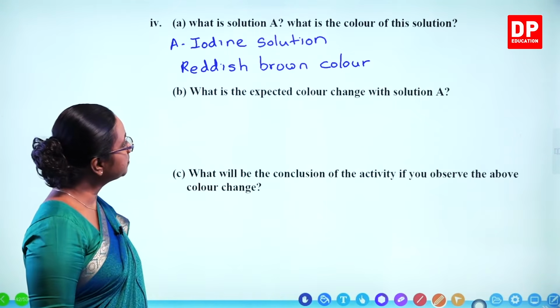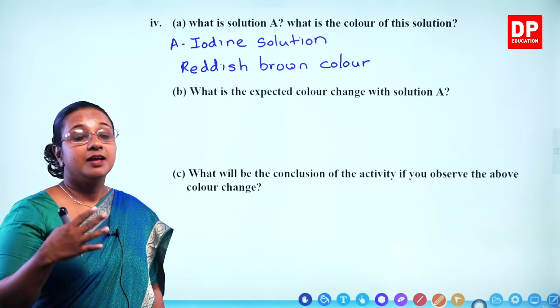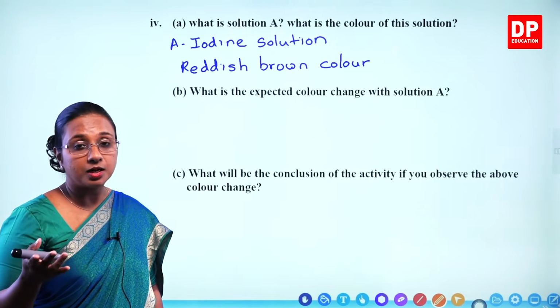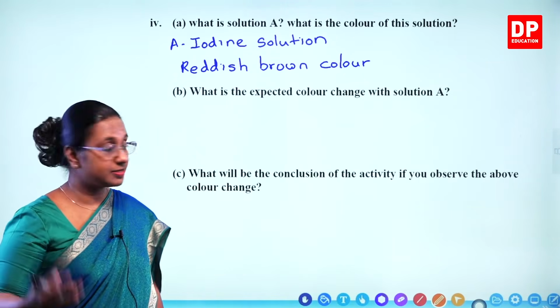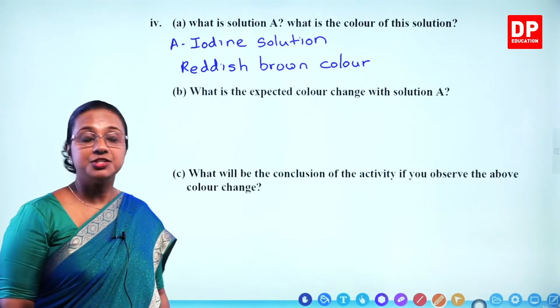What is the expected color change with solution A? The leaf will become purple or dark blue if there is starch. So that is why they say expected color change.